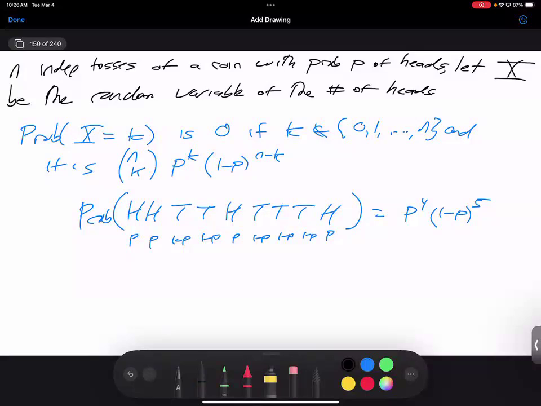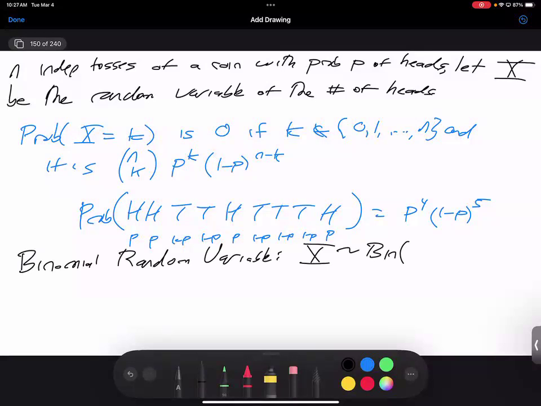And so this is called a binomial random variable. How many parameters does this have? How many things do I have to specify to say which binomial random variable I'm looking at? Sure.